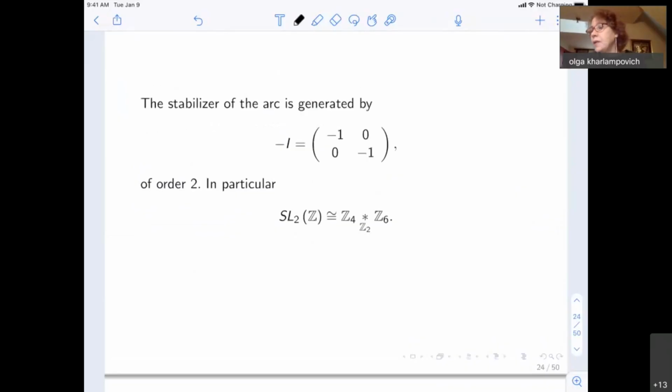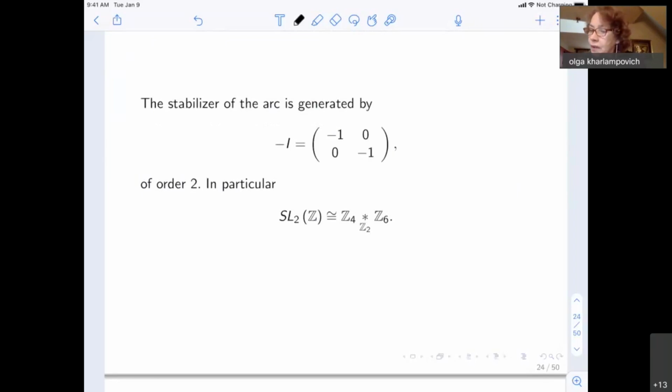So this is a representation of SL2Z which certainly was known before Serre, but this is a proof that it has this representation as an amalgamated product, by proving that it acts on a tree and considering the factor graph, which is a segment.